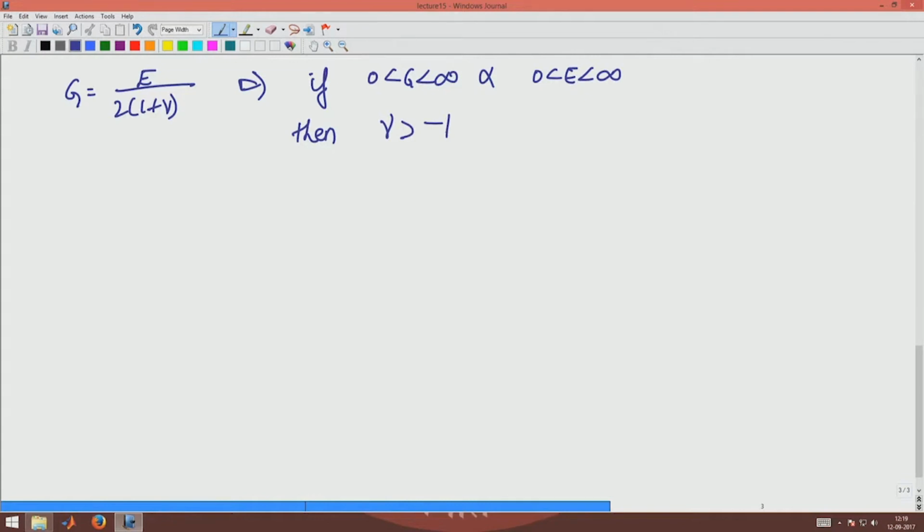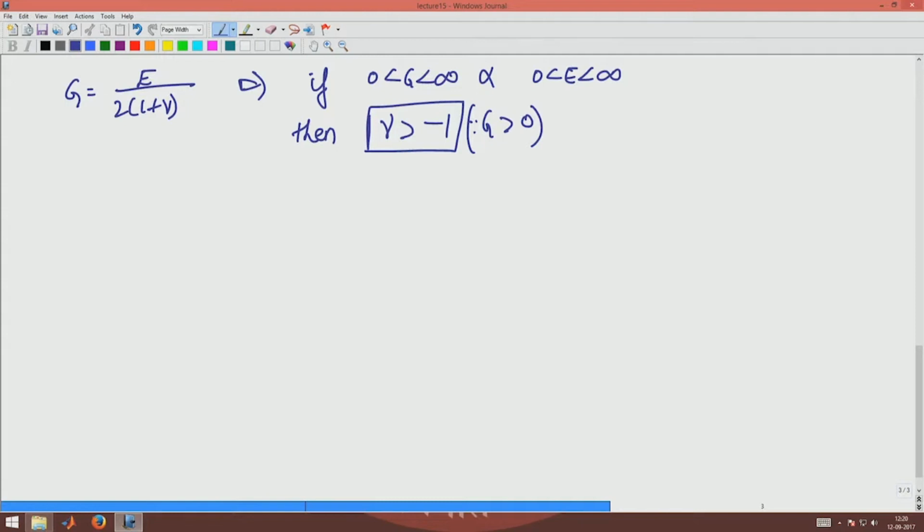Nu equal to the Poisson ratio equal to minus 1 means G is infinity, which is not allowed, and if nu is less than minus 1, E is positive, denominator is negative. So, G becomes negative. Okay. This is because G has to be greater than 0, when E is always greater than 0. Okay. So, you get the restriction that the Poisson's ratio has to be greater than minus 1.